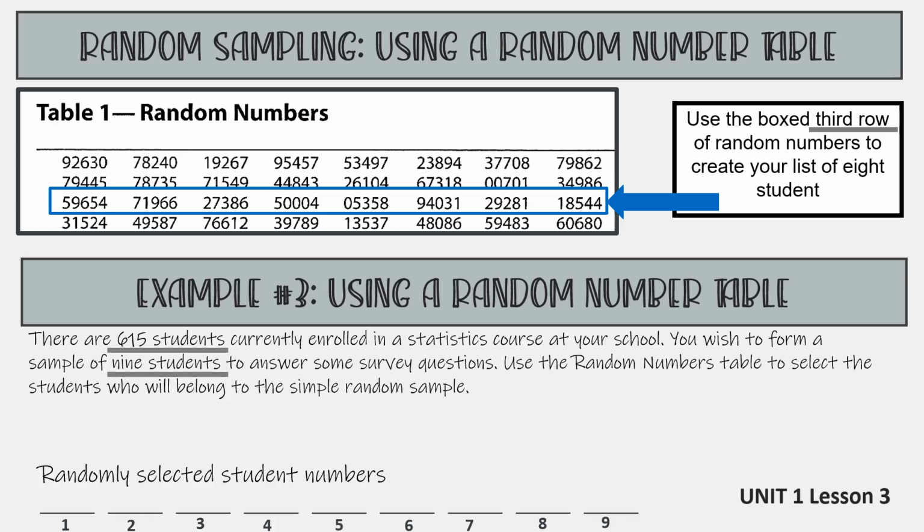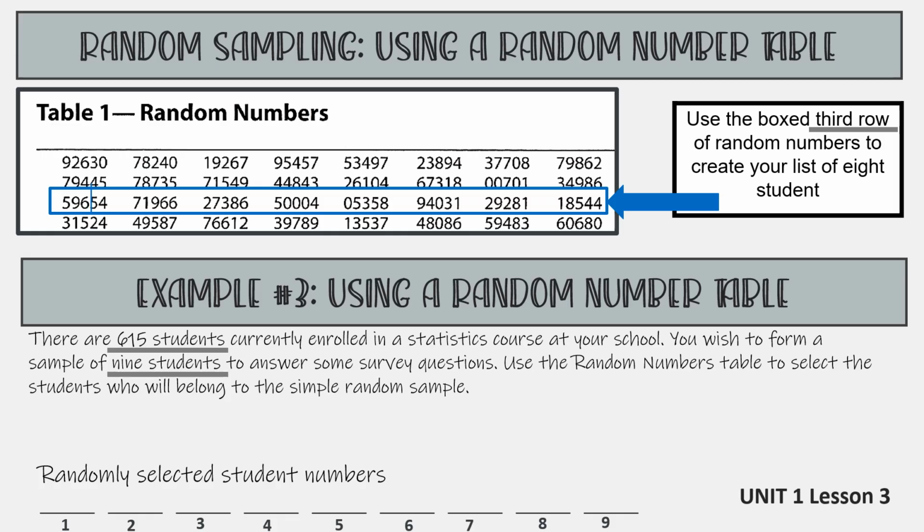And the row that is outlined in blue is where we're going to get our numbers. We are looking for numbers between 1 and 615 because there's only 615 students. So if they were randomly given a number, the highest it would go is 615. But it's 3-digit numbers, so we're going to break that row into 3-digit numbers.